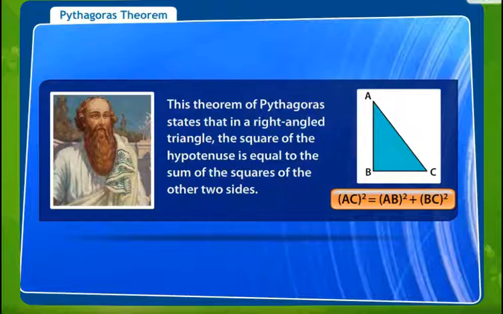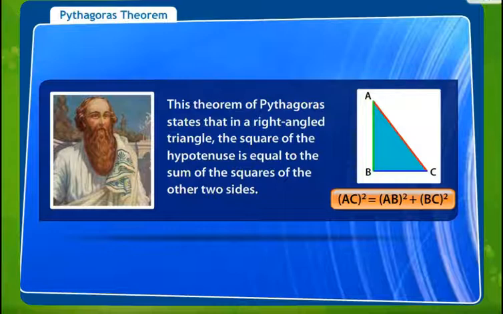This theorem of Pythagoras states that in a right angled triangle, the square of the hypotenuse is equal to the sum of the squares of the other two sides. For example, you can see angle B is a right angle, so AC is the hypotenuse. So AC square is equal to the remaining two sides, that is AB square plus BC square.